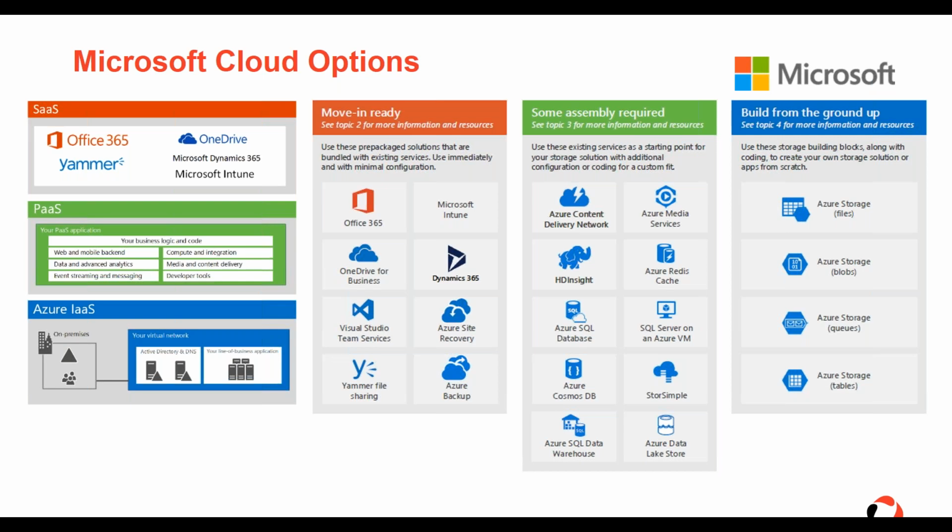And Azure Backups and Azure Site Recovery, which we'll touch on a little bit more, fits into that. You just basically say, okay, I want an Azure Backup, you buy it and you install it, and that's ready to go.